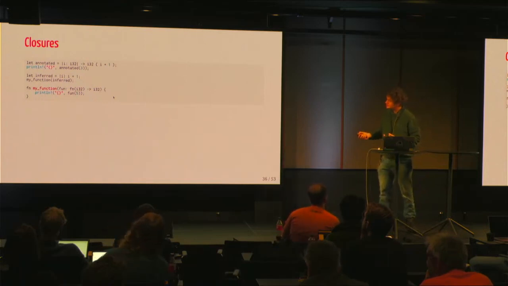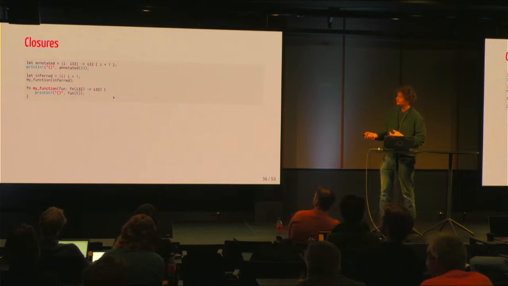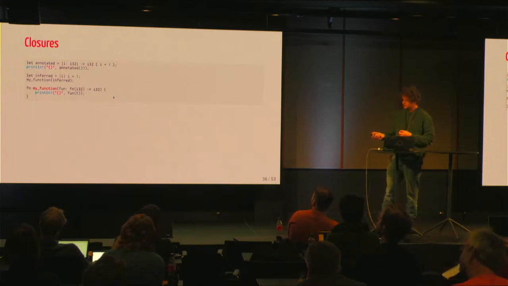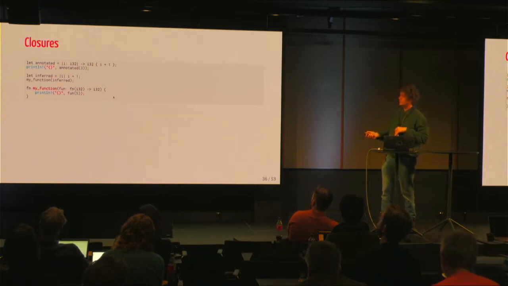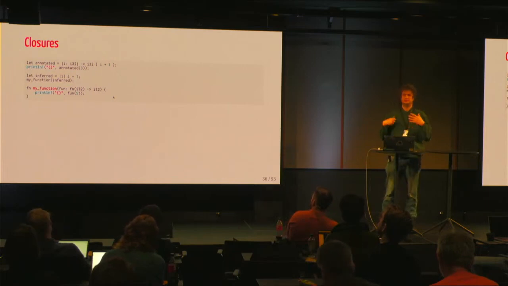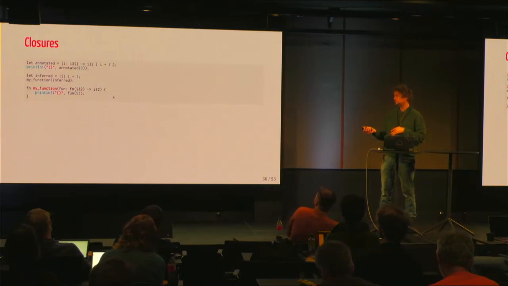So this is the signature. It takes an integer and returns an integer, and the closure body is between the curly brackets. Another way to do it is by making Rust infer the type. So this will give you the same.